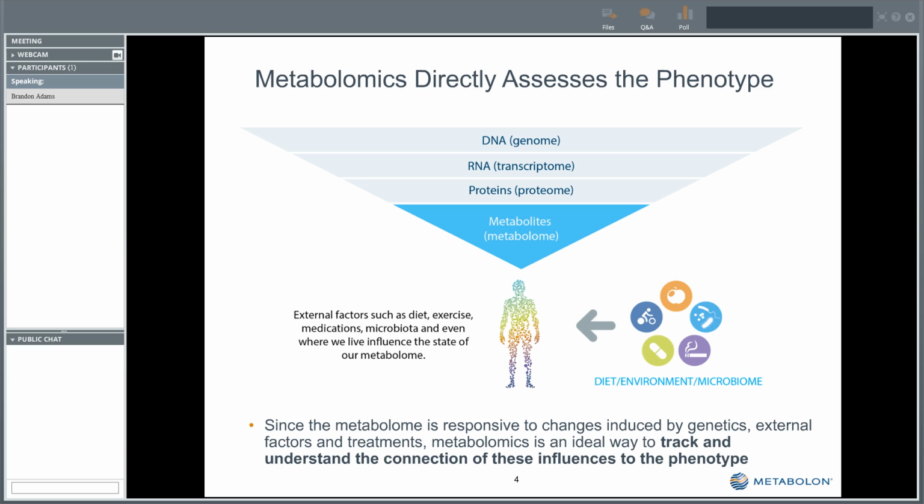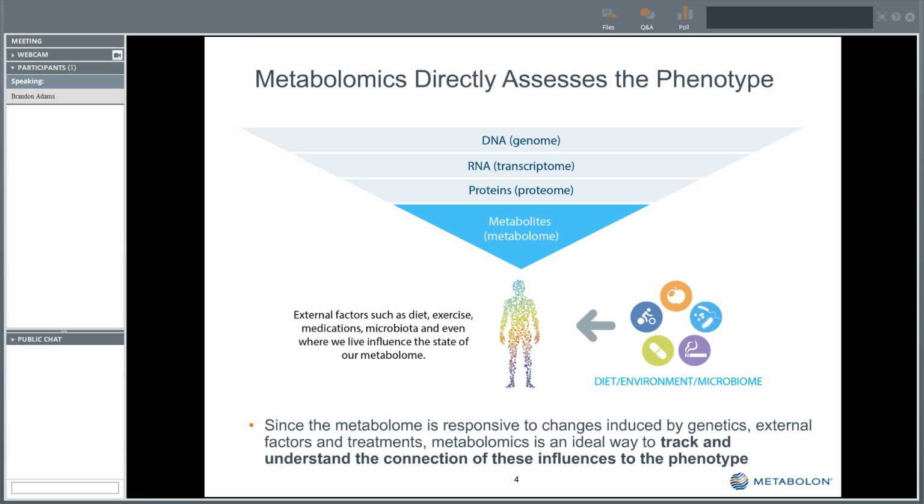So metabolome measures small metabolites. Those are not protein, DNA, or RNA, but small molecules that comprise metabolism. While changes in DNA, RNA, and protein may never have the penetrance to impact the physiological state, metabolites are the closest to the phenotype. They are very sensitive to changes and can be influenced by factors such as diet, environment, and of course microbiome.